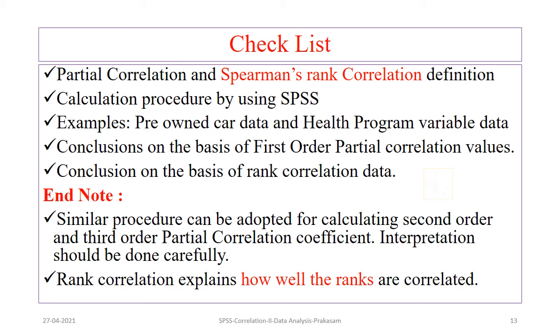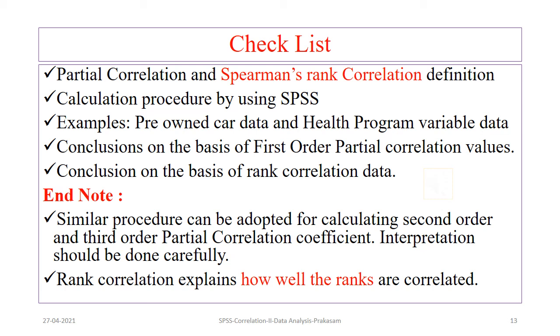For the Spearman rank correlation, we have used the health program data and we have got some idea about how to calculate Spearman rank correlations. Conclusions on the basis of the first order partial correlation values and on the basis of rank correlation data have also been discussed.